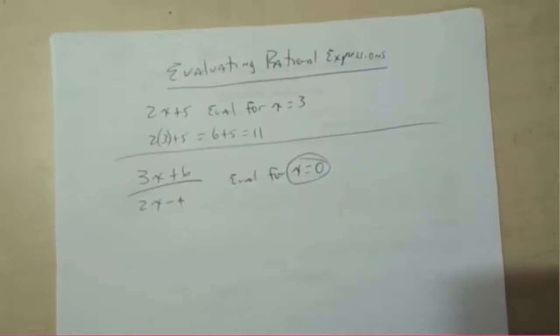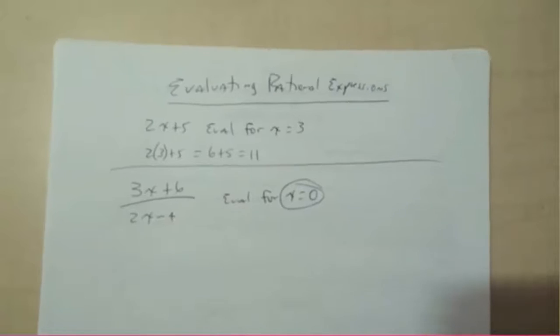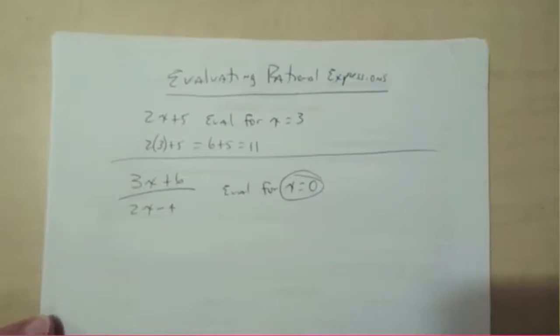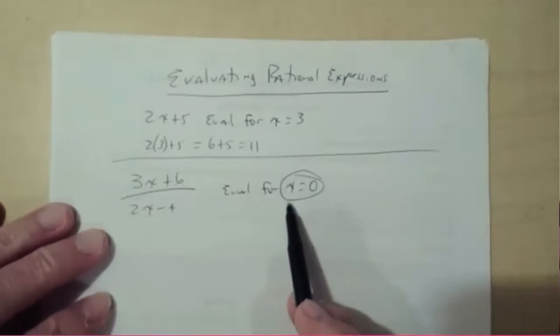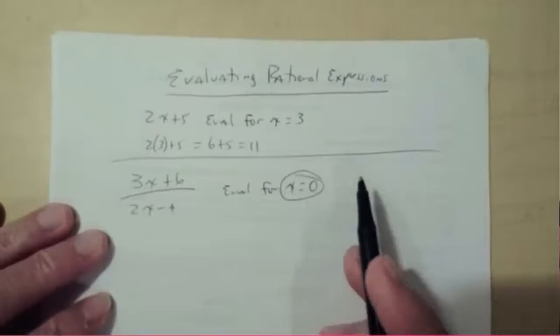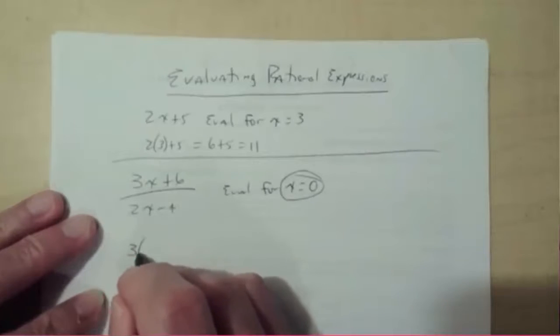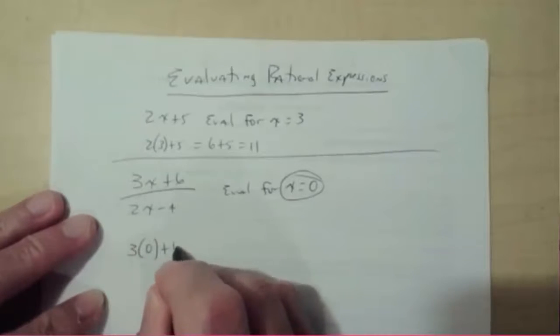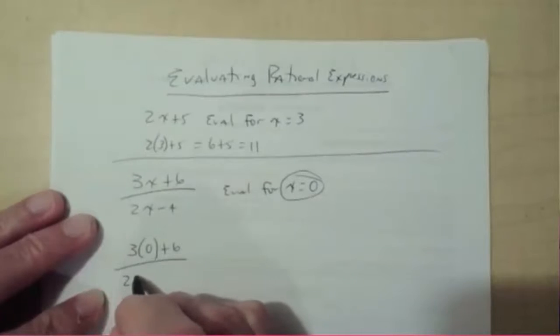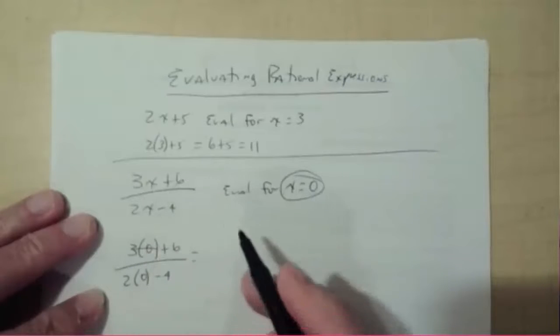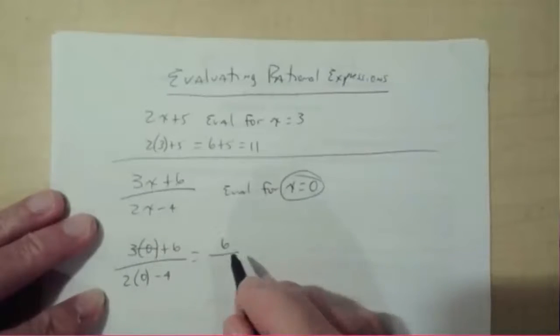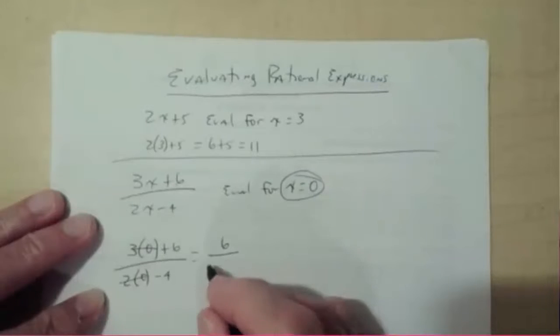Wherever there's an x, we're going to plug in 0. So it's 3 times 0 plus 6 over 2 times 0 minus 4. 3 times 0 is 0. We have 6 over 2 times 0 is 0, negative 4.